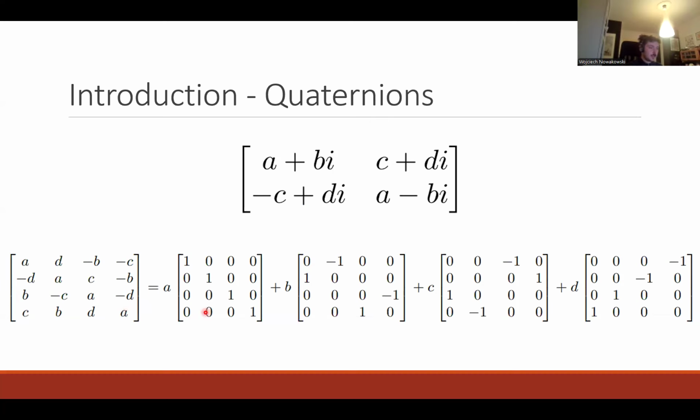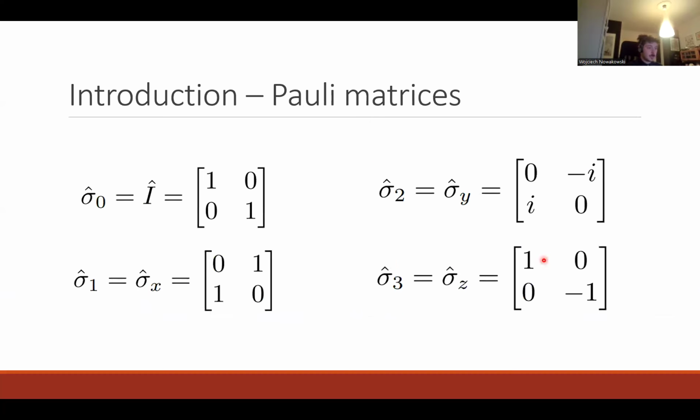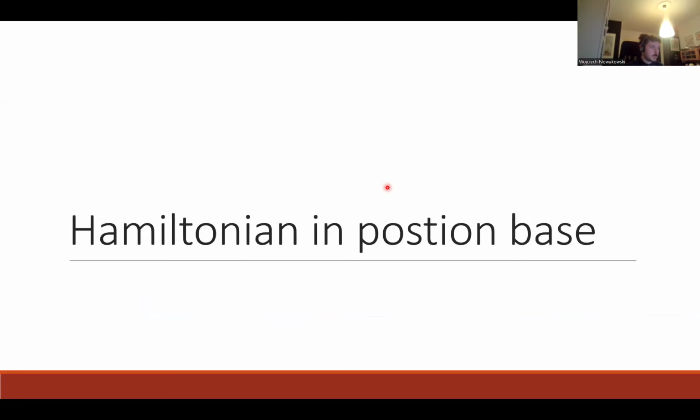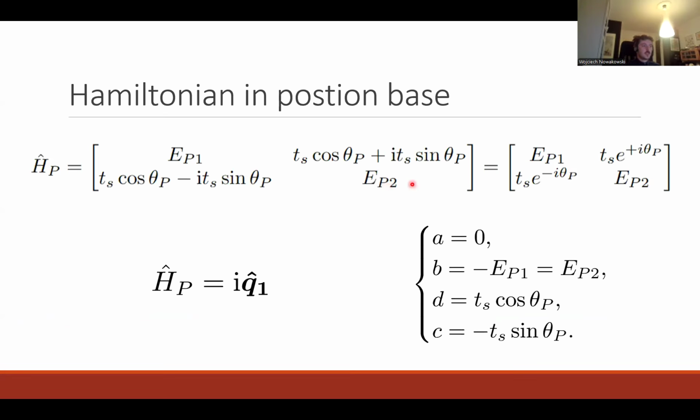We can find out that using Pauli matrices, we can denote this first version of the definition of quaternion, and we'll use this description with Pauli matrices in the future in this talk.